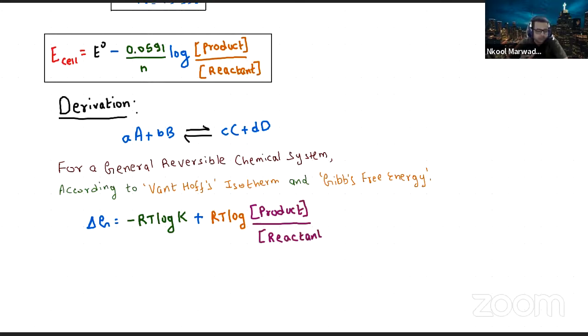So this is the relationship between Gibbs free energy and the equilibrium constant.